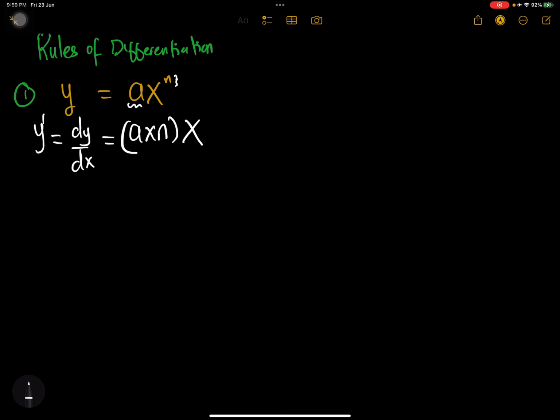So it will be x to the power n minus 1. That gives us a n multiplied by x to the power n minus 1. That's the first rule of differentiation.